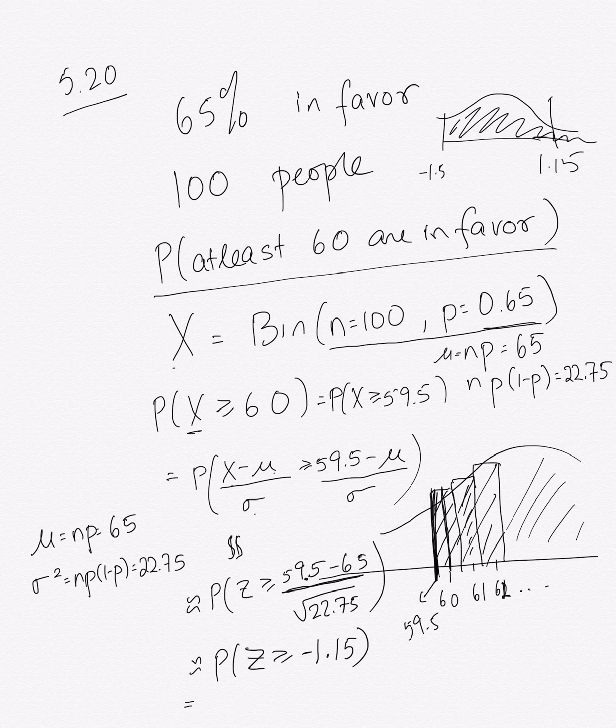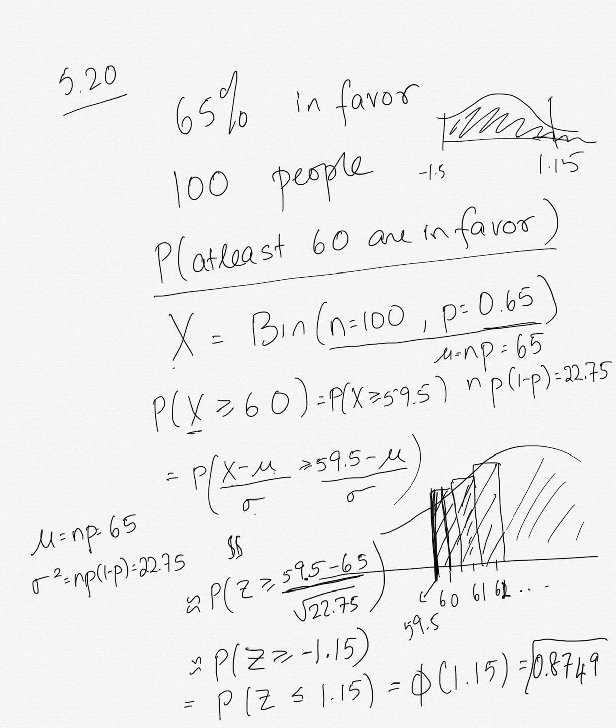The probability z bigger than or equal to negative 1.15 is the same as the probability z less than or equal to 1.15, which is the phi value for 1.15. In the table, you can see 1.15 is 0.8749. So this is the approximate probability that you have at least 60 people in favor of raising taxes.